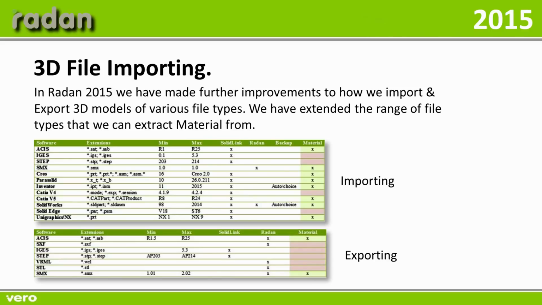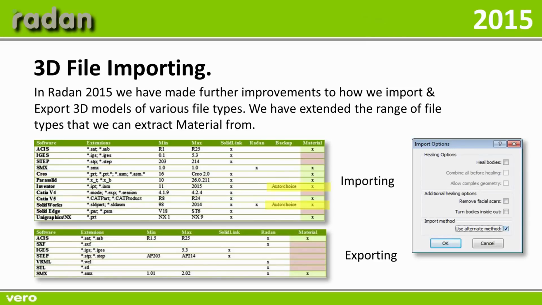Now with two file types in particular, Inventor and SolidWorks files, we have a choice as to how we import the files. We can import them via solid link, but we also have a backup method of importing them using the native file format. In Radan 2015, the importer will automatically choose the method to import the files which gives the best result in terms of imported data.